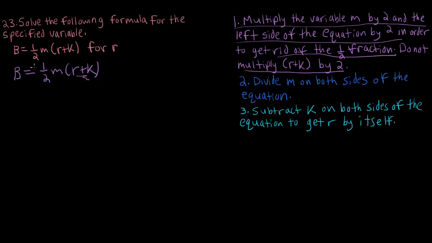We just need to go ahead and multiply the fraction itself by 2, which is the same as 2 over 1, which would be 2 over 2, which is 1, which would get rid of that fraction. And we multiply it on the right side, so we have to multiply 2 on the left side as well. So that gives you 2b equals m times r plus k in parentheses.